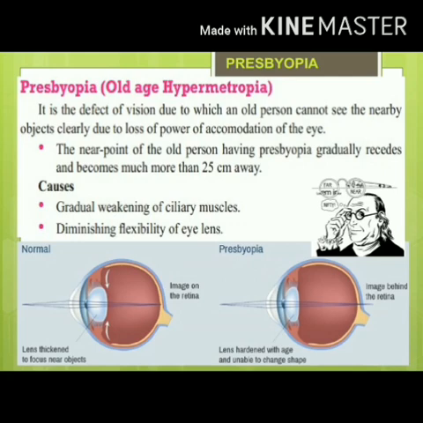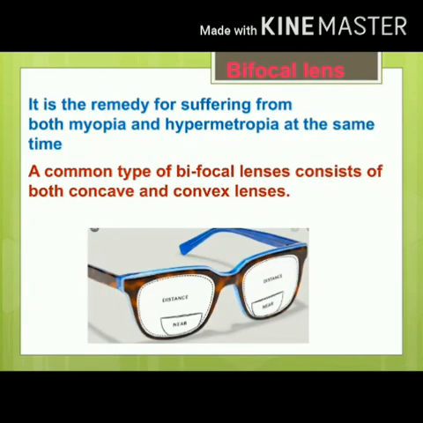So for these two cases, if the hypermetropia is happening, then that is called presbyopia. Now presbyopia can happen for the old person, and for the old people both myopia and hypermetropia can happen.